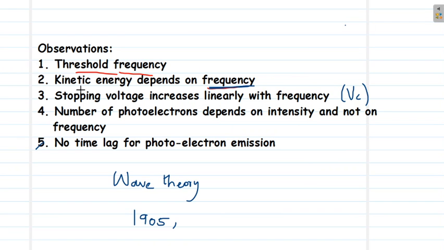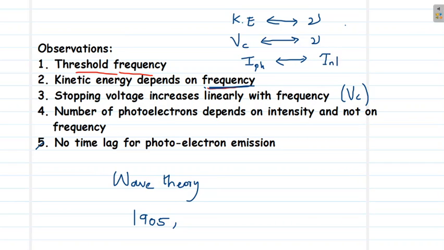We have already seen that the kinetic energy of the electrons is related to frequency, the stopping potential Vc is related to frequency, and the photocurrent depends on intensity and not on frequency. So these are the correlations.